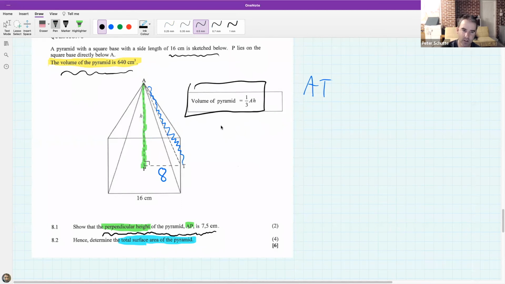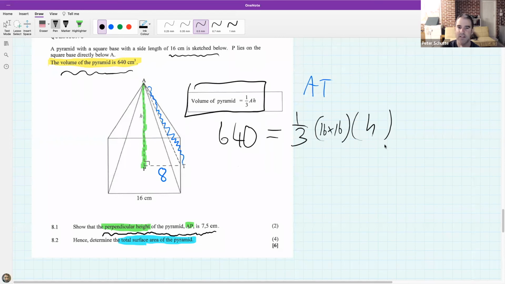So let's just go 640 is the volume, equals 1/3. Do we know what the area of the base is? Well, the area of the base was a square. And so isn't this going to be 16 times 16? Aha. Yes. Okay, I like where we're going with this.